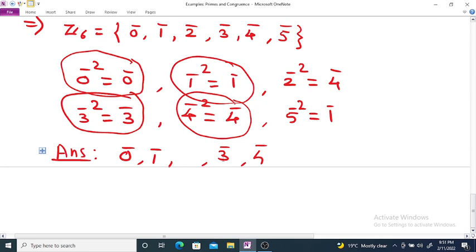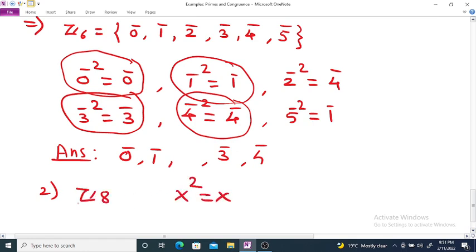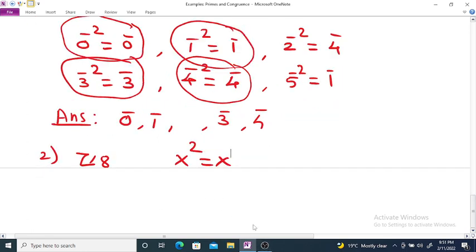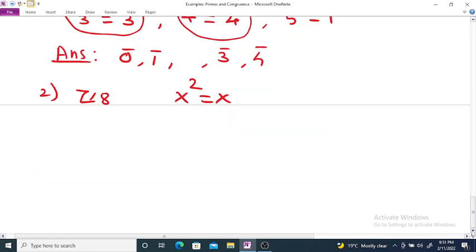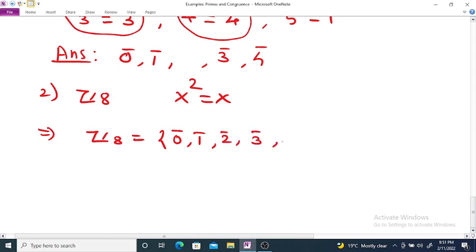Again next, list similarly, find all the elements in Z8 such that x square is equal to x. If we list all the elements of Z8, we get Z8 is equal to 0 bar, 1 bar, 2 bar, 3 bar, 4 bar, 5 bar, 6 bar, 7 bar.